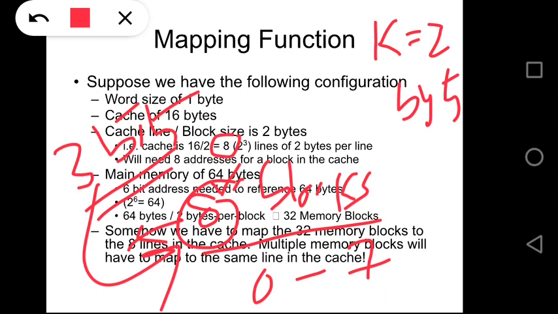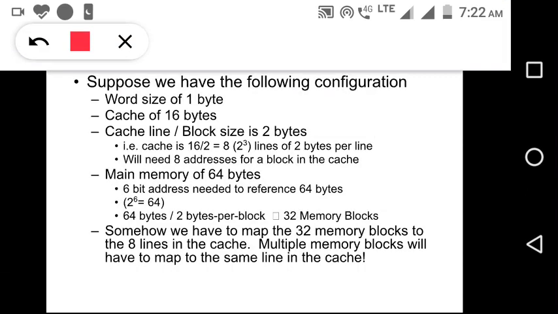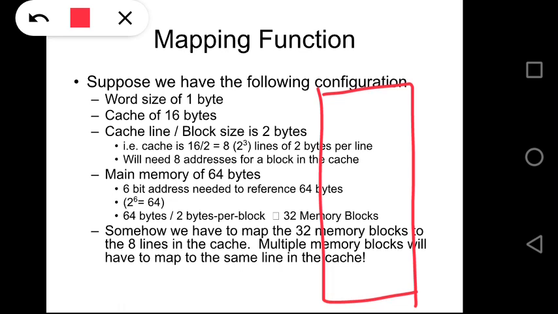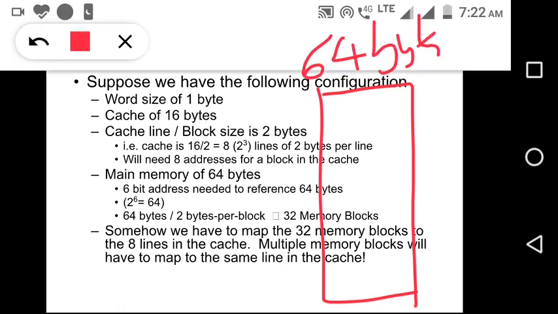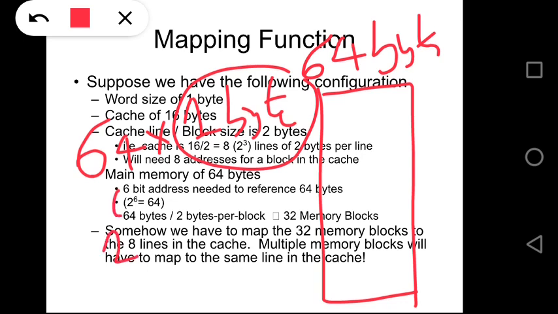Let's assume main memory capacity is 64 bytes. What does it mean by 64 bytes? 64 into 1 byte. Why am I each time referring to 1 byte? Because the word size is 1 byte. 64 can be written as 2 power 6.